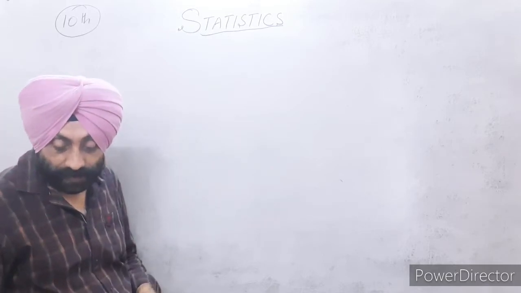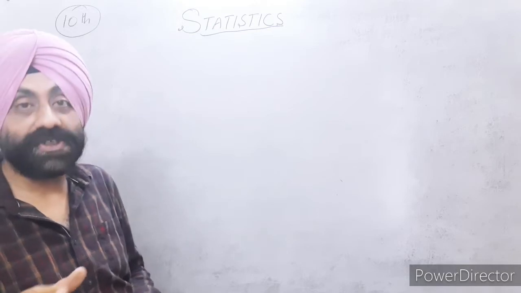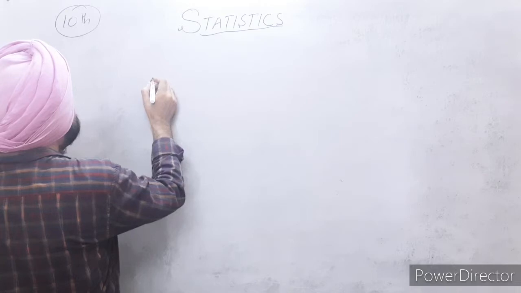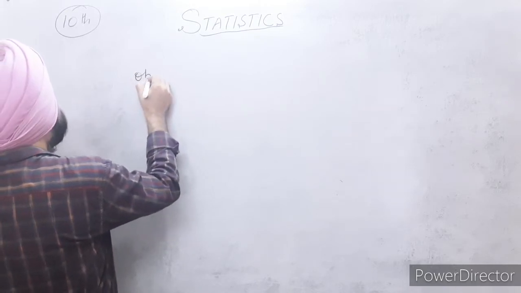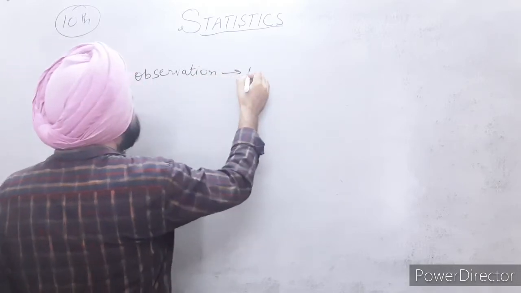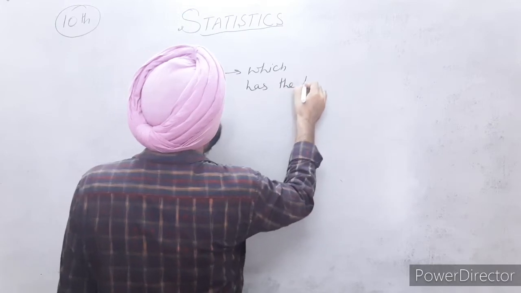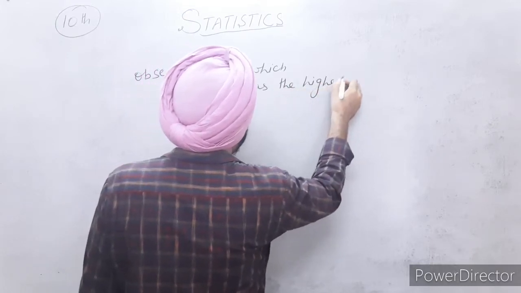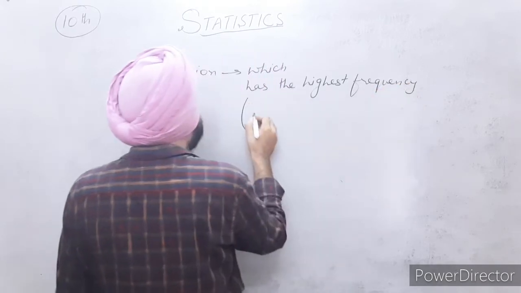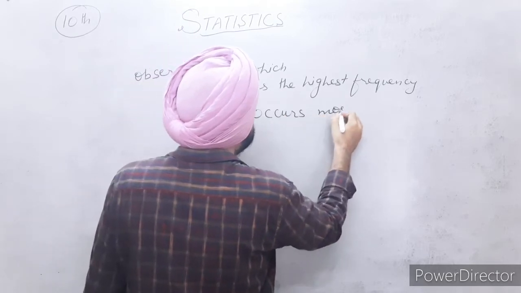Now, what is mode? Mode is that value among the observations which occurs most often. That is the highest frequency. The observation which has the highest frequency, or in other words, in layman's words, it occurs most often.